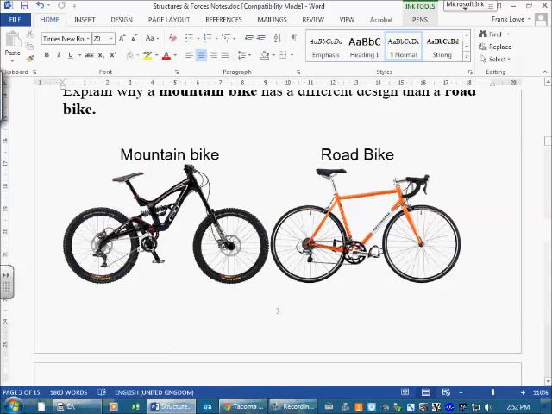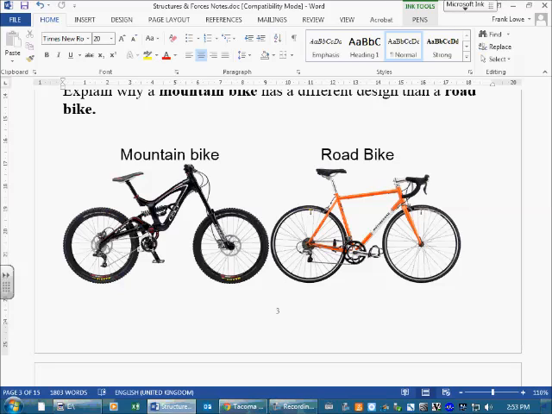Here's another example, 2 different types of bikes, a mountain bike and a road bike. Again, a bicycle is meant to take someone from point A to point B, get a little exercise in between. But these 2 bikes are built quite differently. We could talk about a lot of the similarities in their design, but we could also talk about the differences.